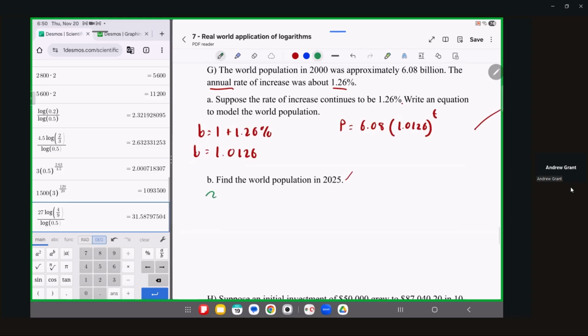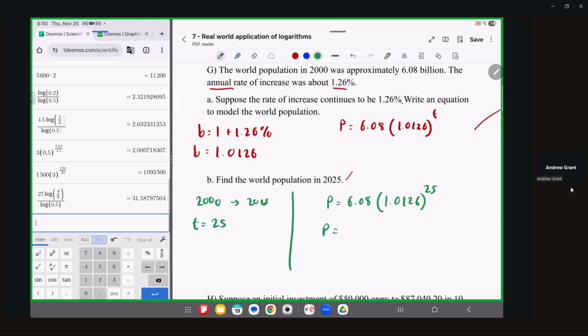So let's find the population in 2025. We want to go from 2000 to 2025, so T will be equal to 25 years. And so the population P will be equal to 6.08 multiplied by 1.0126 to the power of 25.